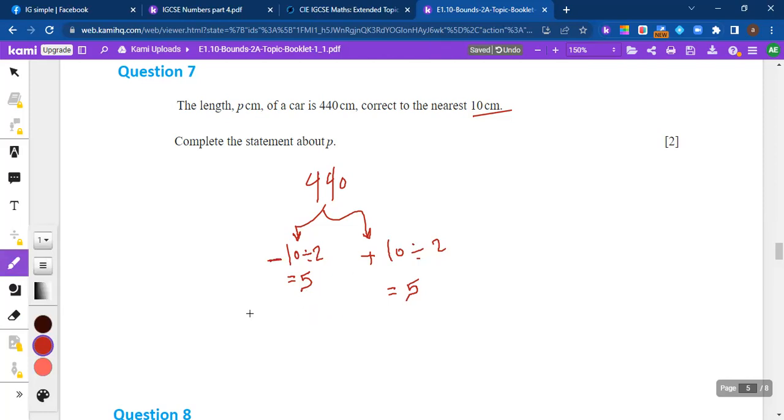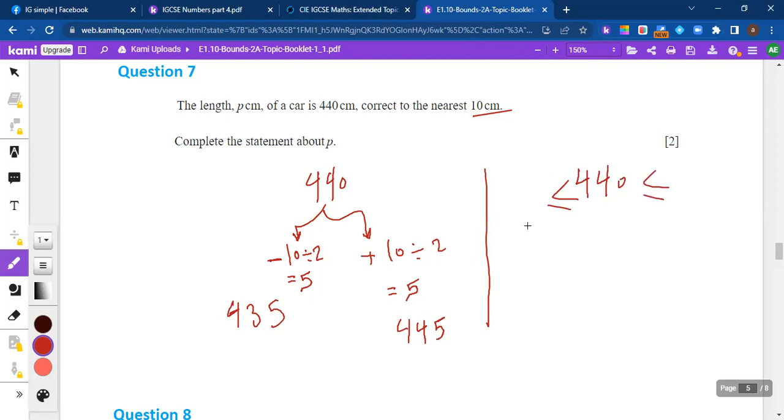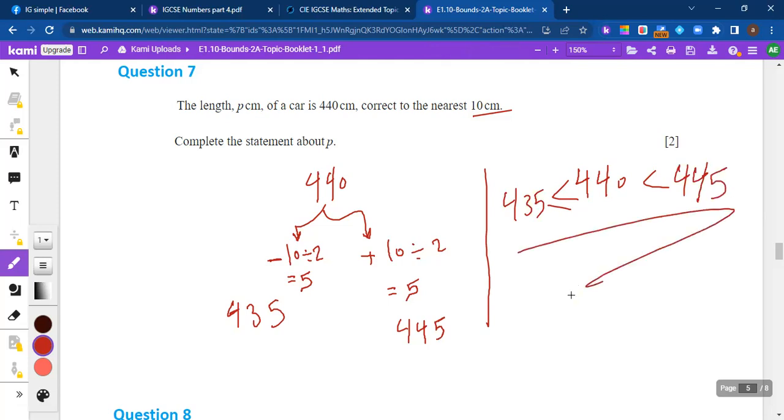So the answer is going to be 435, 445. So the statement will be greater than or equal to 435 and less than 445. I wish you understand.